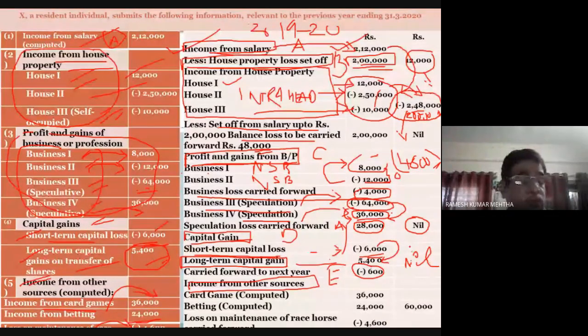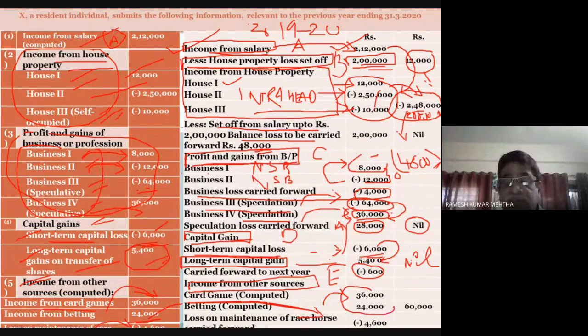Now let's look at the last source of income for this assessee, which is income from other sources. Income from card games is fully taxable. Income from bettings is fully taxable.